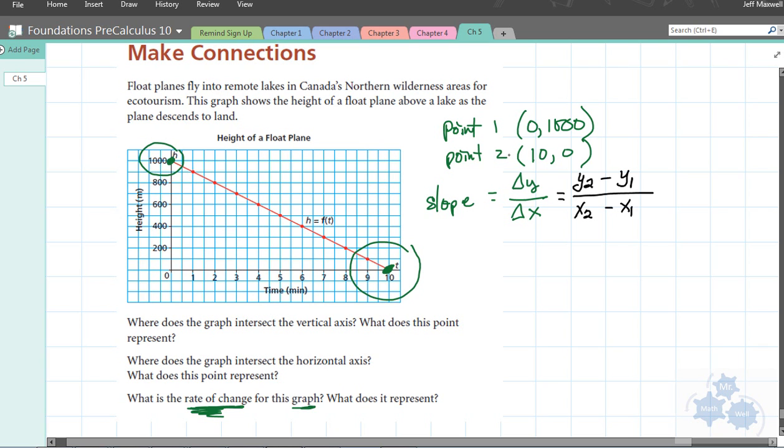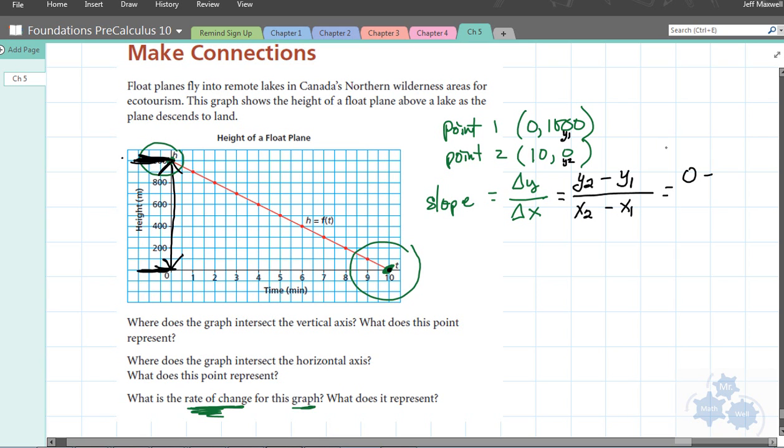So the change in y is this vertical change, and really I'm trying to find the vertical change between the vertical measurement at this point and the vertical measurement at the second point here. So you take the final minus the initial, or y2 minus y1. In this case, y2 is 0. You see, here's y2. And you subtract y1.